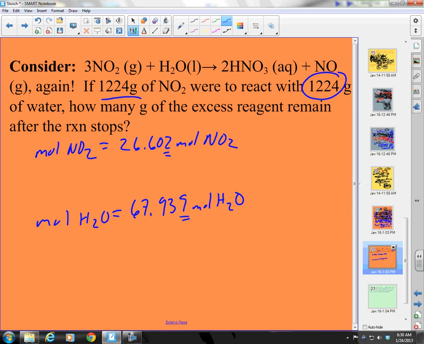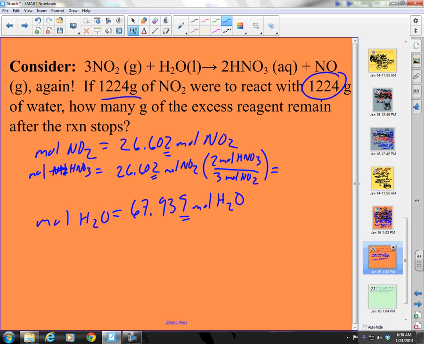Okay, and then what would we do? We'd say, hey, I need to figure out moles of nitric acid, right? Which is going to be 26.602 moles of NO2 times my mole ratio, 2 moles of HNO3 per what? 3 moles of NO2. And so what do I get?